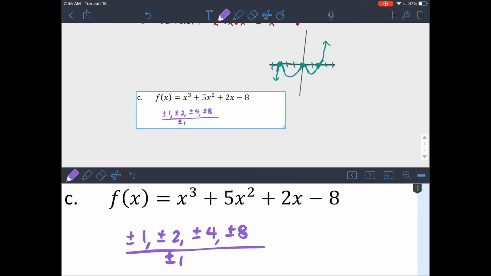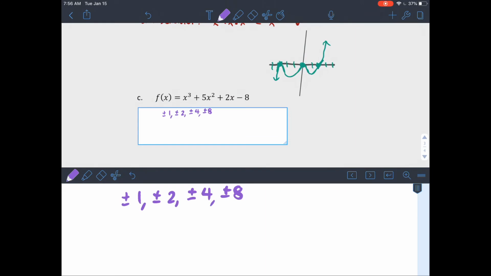So we're going to do a little bit of guessing here until we find a 0, and then use that to write our polynomial in factored form. So I cheated and looked at my notes from last year. So I'm going to go ahead and guess, in quotation marks, that 1 is a 0 of this polynomial.